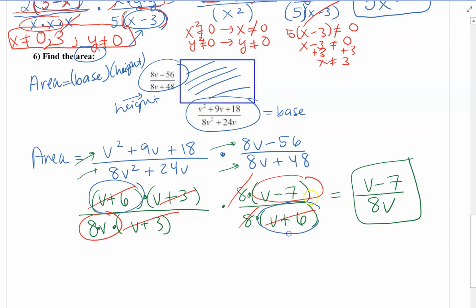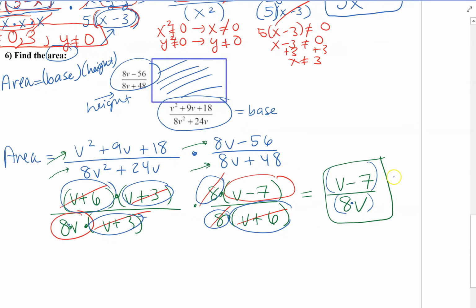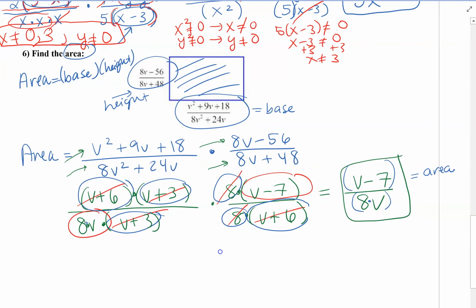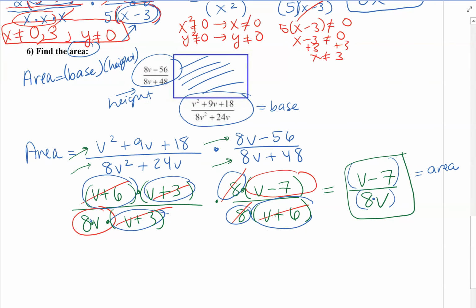That could cancel, and we had 8s in common, that could cancel, and v plus 3s in common, that could cancel. Our leftover factor in the numerator was v minus 7, and we had 2 leftover factors in the denominator of 8 times v, and that was our remaining expression. This represents the area of that rectangle. Now, why don't you go ahead and also find the restrictions for this one?